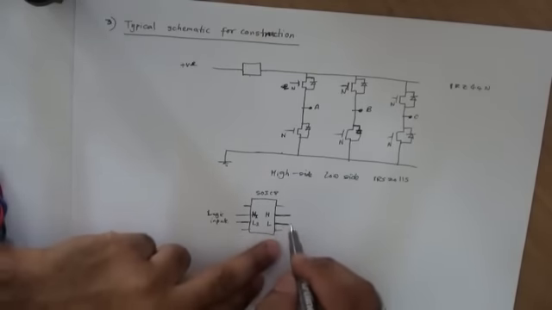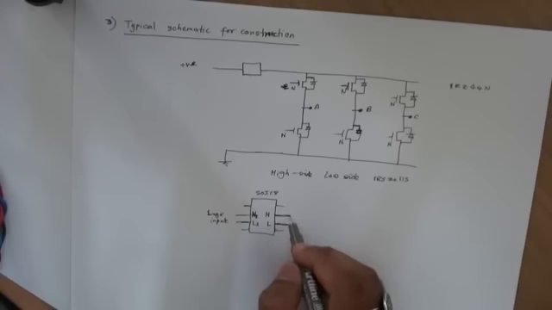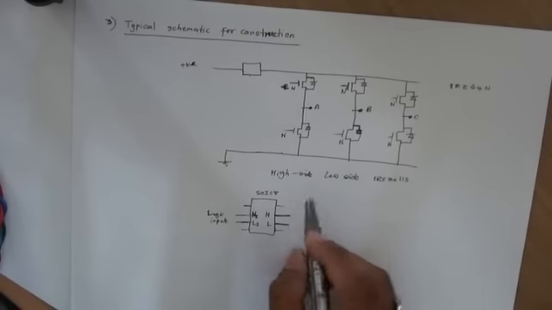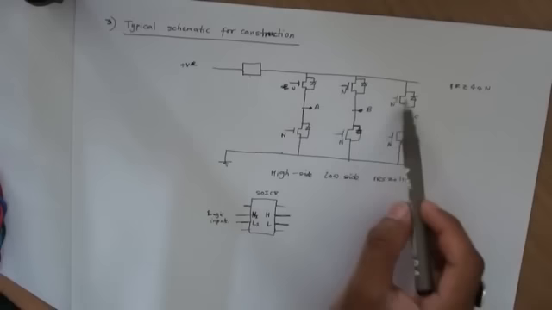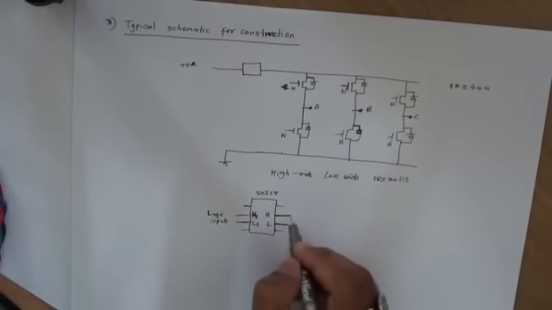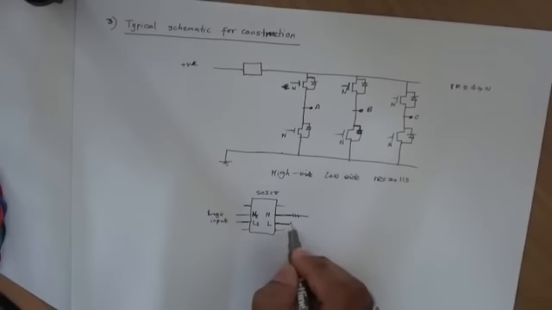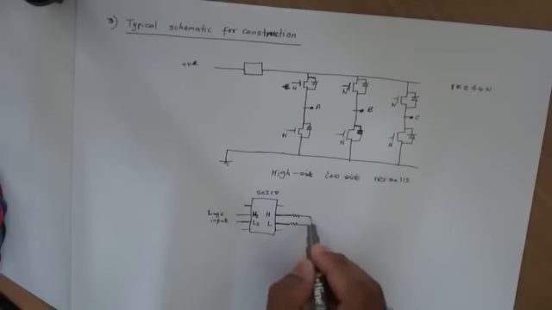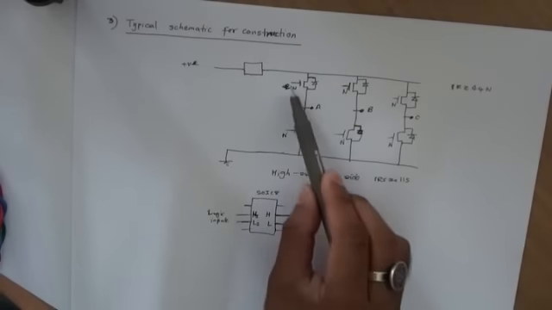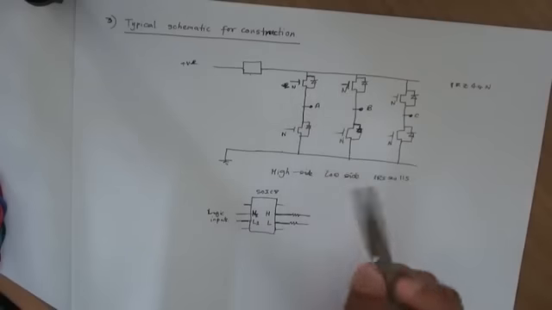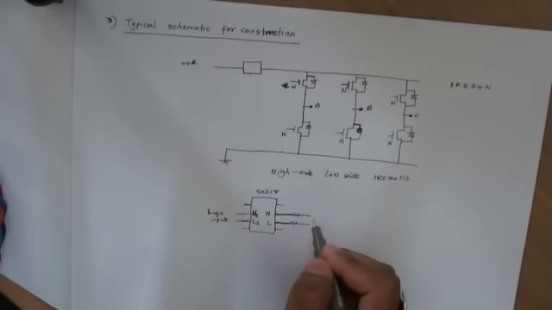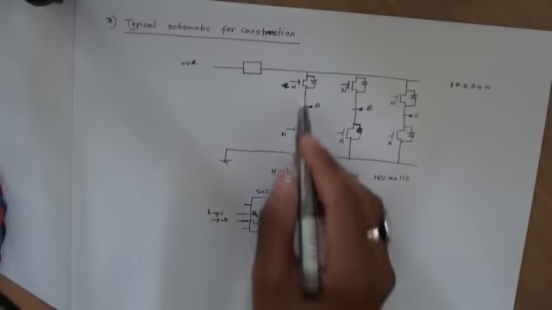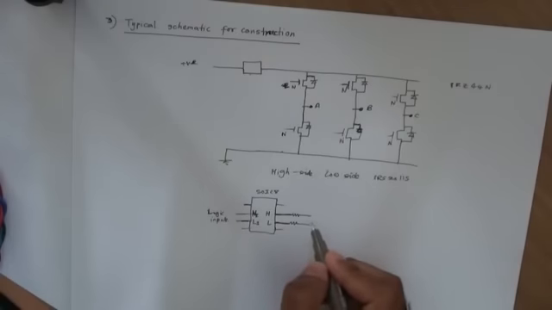These outputs, the high side and low side outputs, are basically going directly onto the gate inputs of these MOSFETs. You're better off putting a series resistor before you hook this up to the MOSFET. This resistor has the effect of limiting the current, so it won't blow the gates off if there's a high enough current.